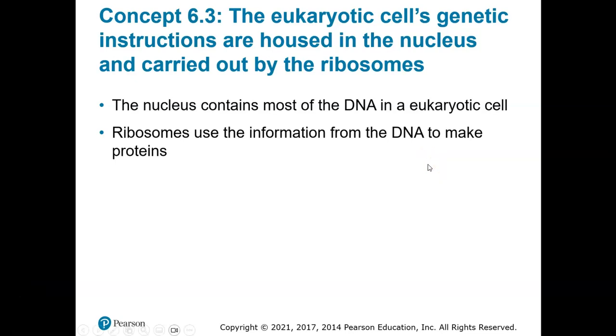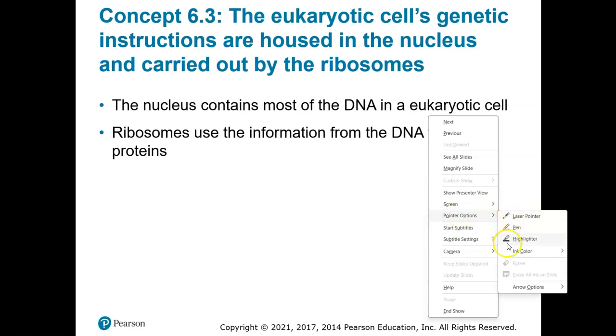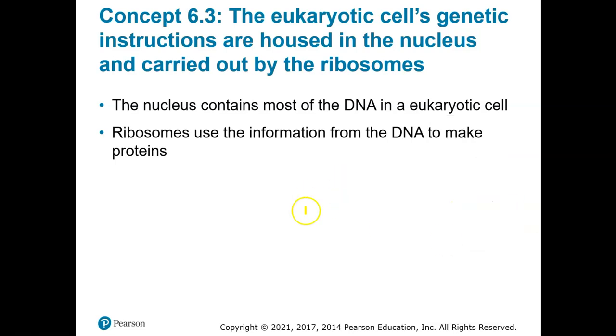We are starting with section 6.3, and we're going to be talking about the nucleus and the DNA. The DNA, of course, is housed in the nucleus of a eukaryotic cell, and the role of DNA is to code for proteins. Pieces of DNA contain the code for individual proteins.